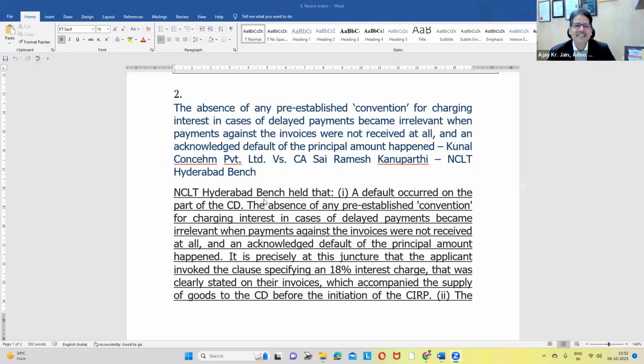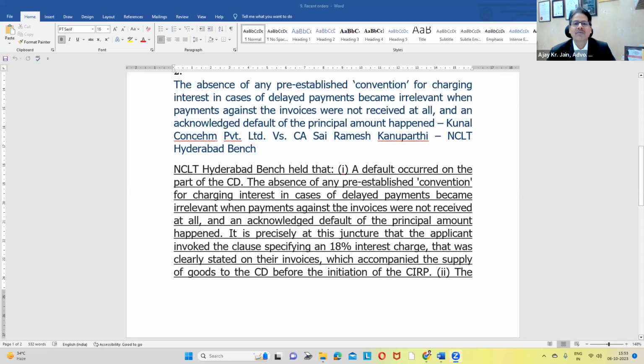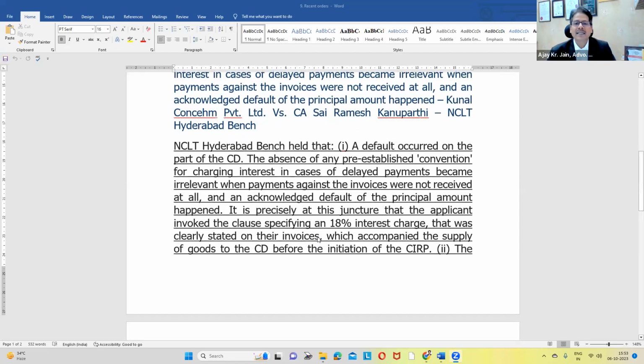There are two divergent judgments here, very interesting. The NCLT Hyderabad bench held that when a default occurred on the part of the CD, the absence of any pre-established convention for charging interest in cases of delayed payment became irrelevant when payment against the invoices was not received at all and an acknowledged default of the principal amount happened.